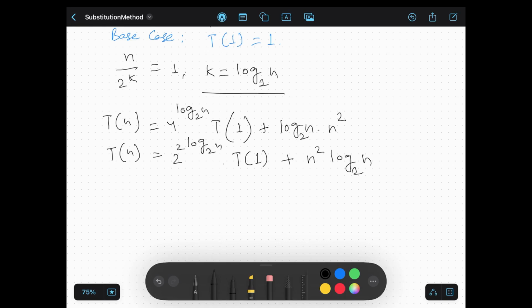Okay. So then this is n. Using the log property, we can say n square T1, which is 1, plus n square log base 2 n.